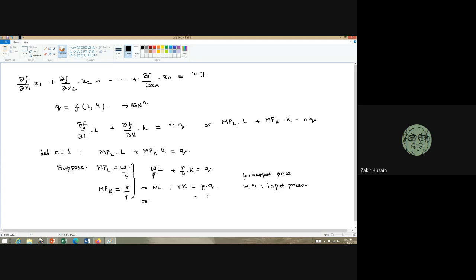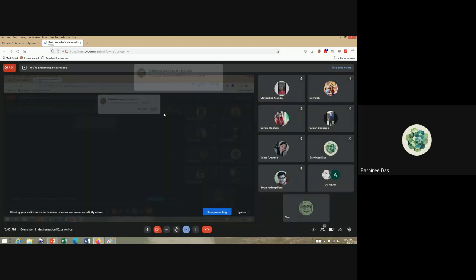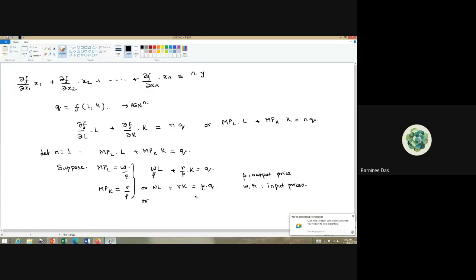Now price into quantity is what? Revenue. Price into quantity is total revenue, as you have rightly said. And what is WL plus RK? The total cost. Right? So tell me, what is the profit? 0. Right.